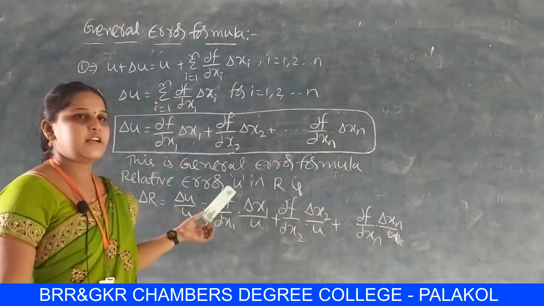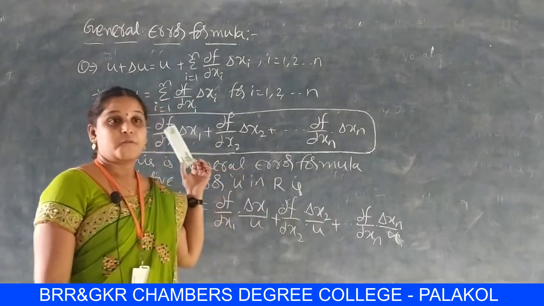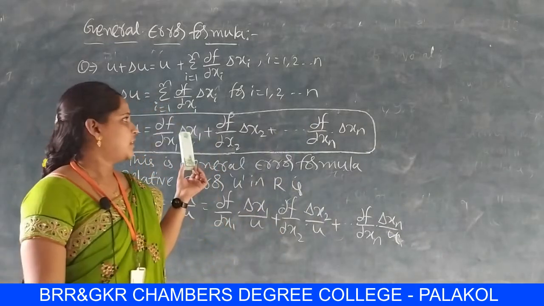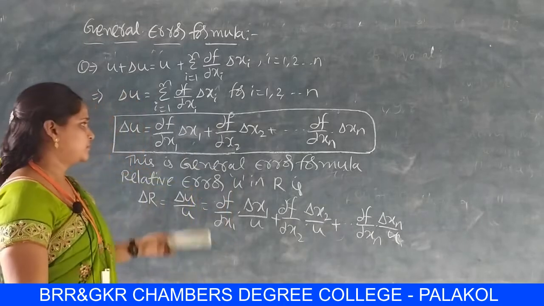This is called the relative error from the general error formula.